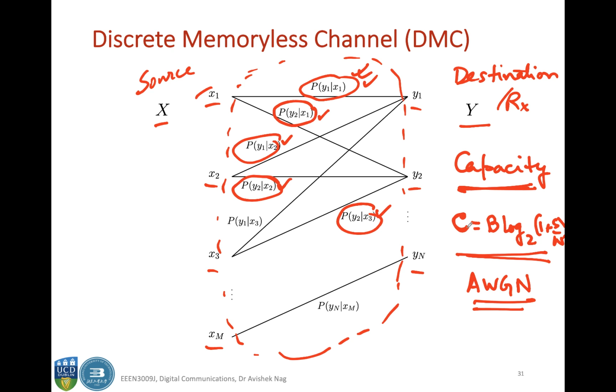So we will define capacity in this lecture, and we will first learn what exactly is the capacity of a channel given a channel like the discrete memoryless channel that we are seeing here. We will define from the fundamentals of information theory, and also mathematically we will define what is capacity C of a channel.